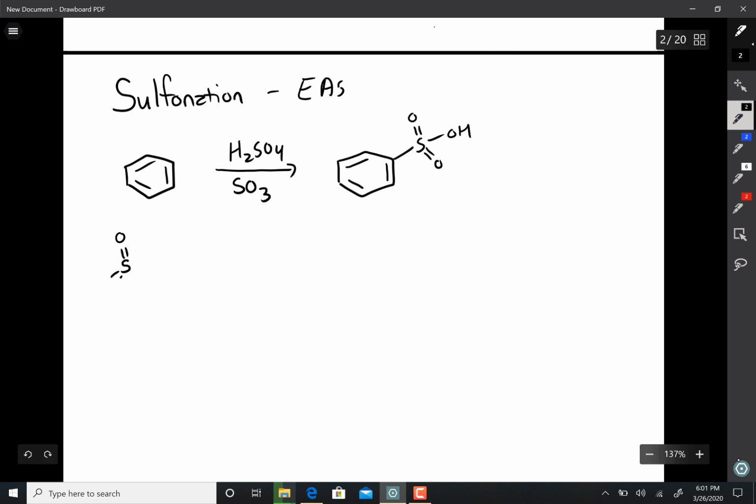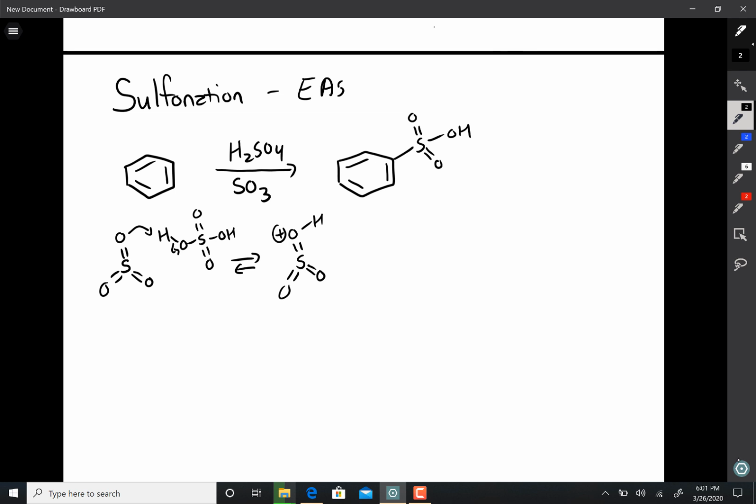So in this case, the electrophile is just going to be activated SO3. And so the way you activate the sulfur trioxide is you protonate it with sulfuric acid. Now this is the electrophile, and this is what the pi system reacts with.